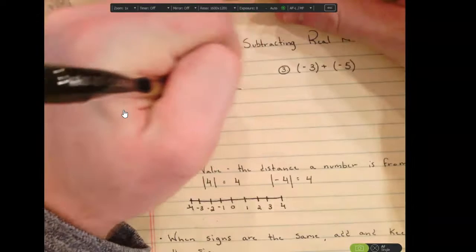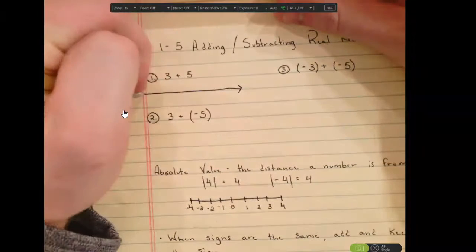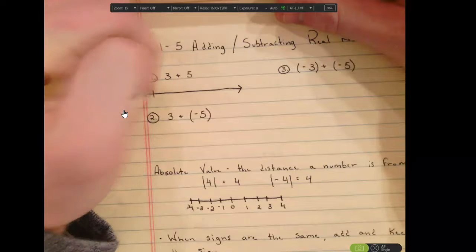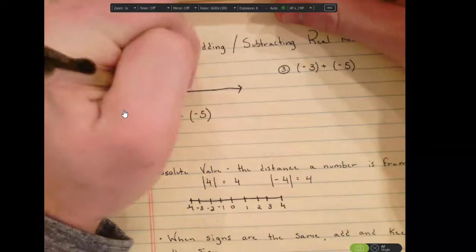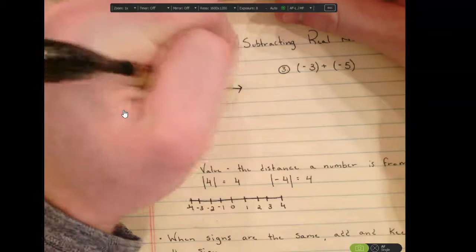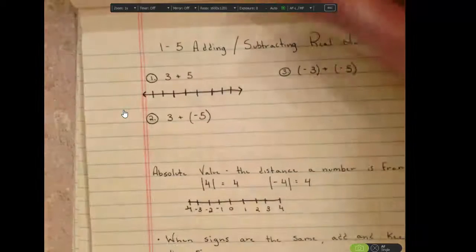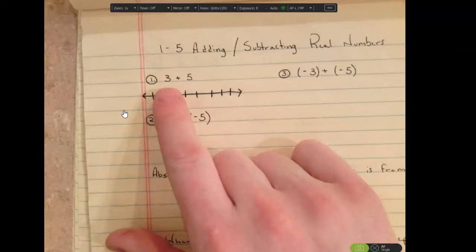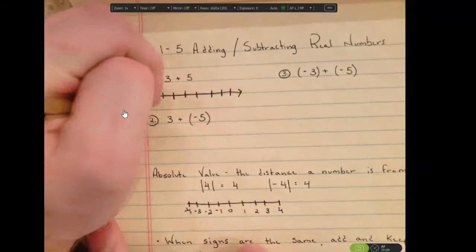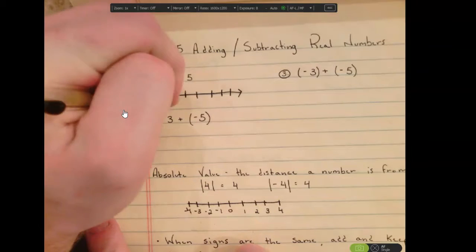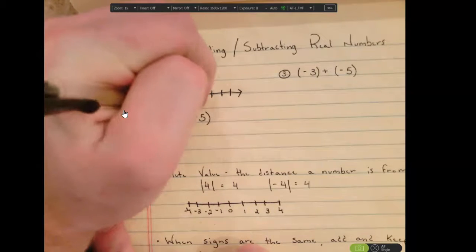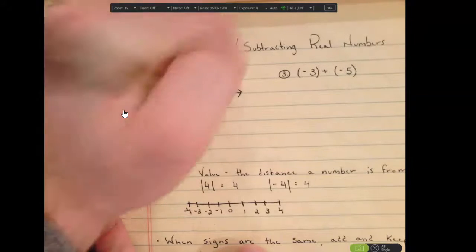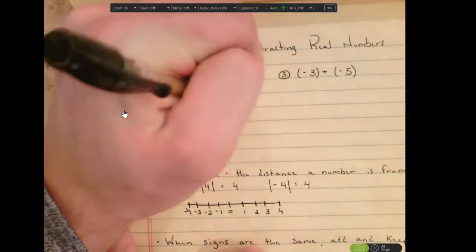I'm going to start by drawing a number line, and I'm going to start with just making several hash marks. My number line is always going to start with my first number, which is 3. So I'm going to start with a 3, and I'm just going to go by ones all the way to the right: 3, 4, 5, 6, 7, 8, 9, 10.